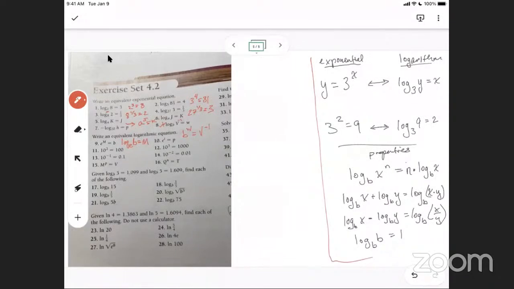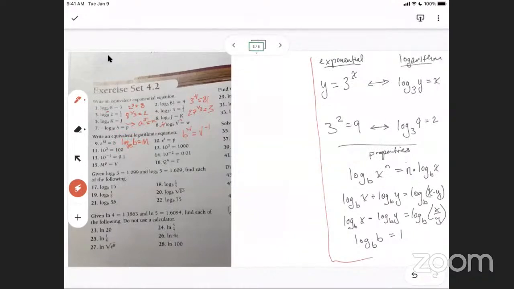Perfect. So here's what you'll hear people say: a logarithm is an exponent. Do you see how m is an exponent? And that's my logarithm. That's why they say that a logarithm is an exponent, because my exponent is m, but I'm rewriting it as a logarithm, which means the exponent is actually the logarithm. Does that make sense?